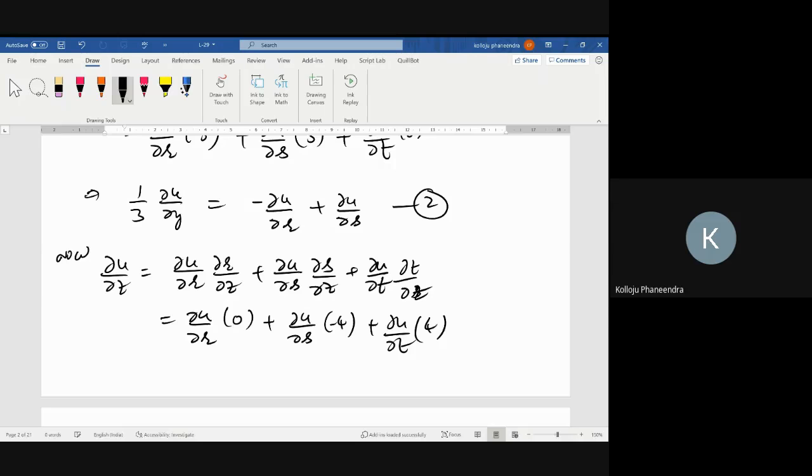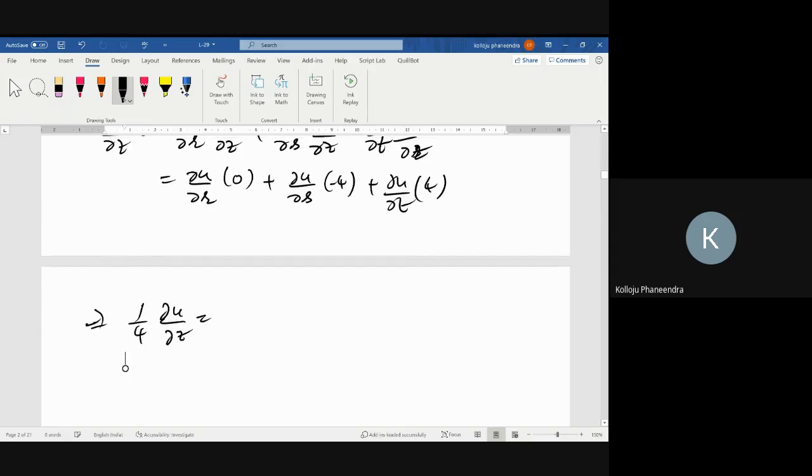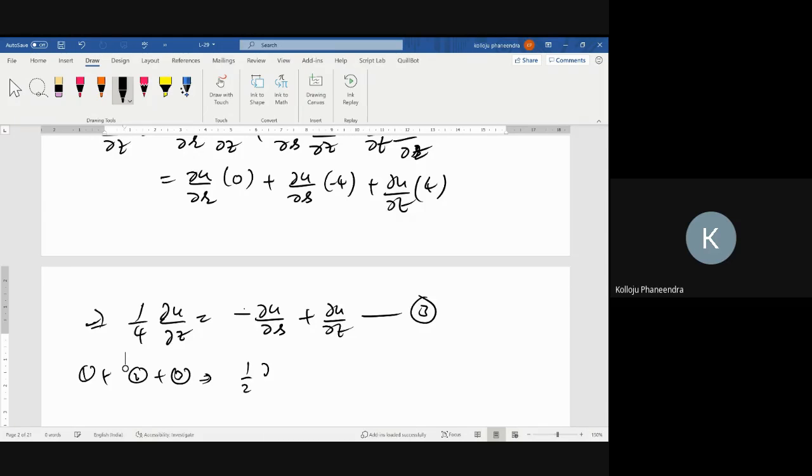So this implies 1/4 ∂u/∂z equal to minus ∂u/∂s plus ∂u/∂t. Equation 3. Now adding 1, 2 and 3: 1/2 ∂u/∂x plus 1/3 ∂u/∂y plus 1/4 ∂u/∂z, this value you will get 0.